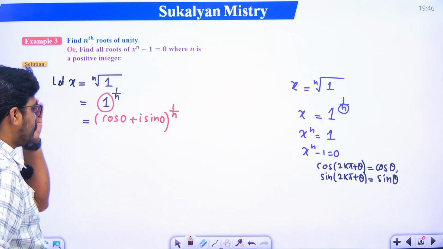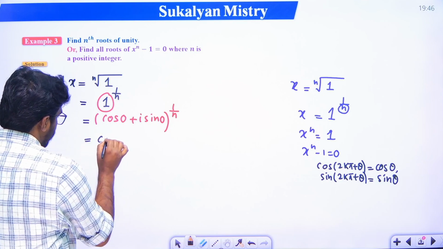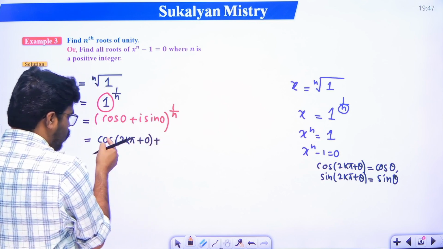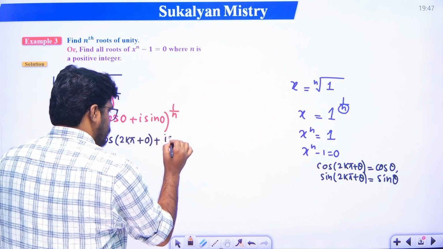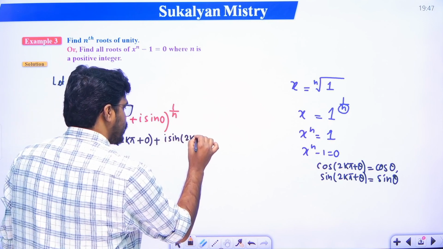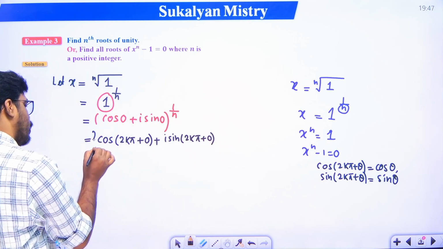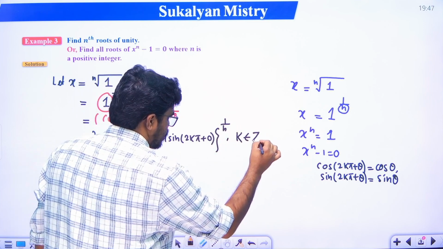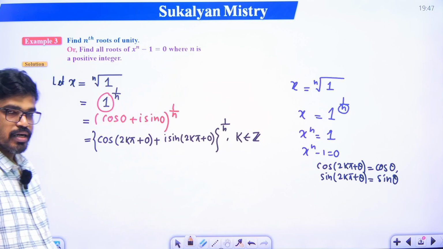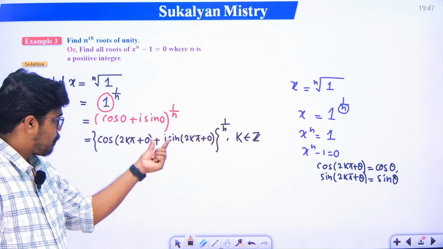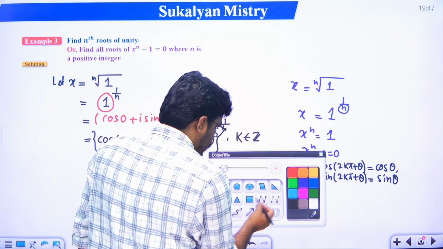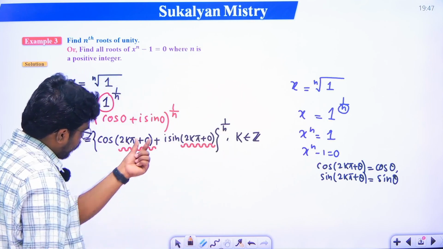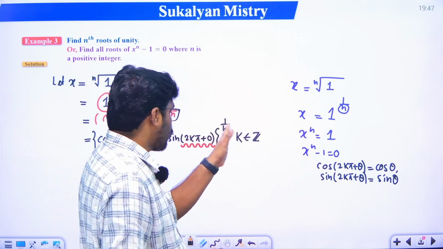So this equals cos 2k pi plus 0, plus i sin 2k pi plus 0, to the power 1 by n, where k is any integer, right? Just consider this is theta: cos theta plus i sin theta whole to the power 1 by n.